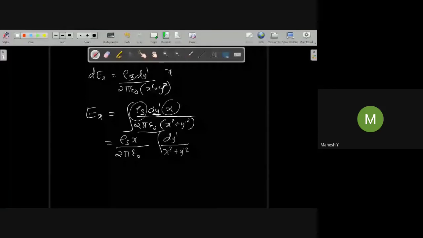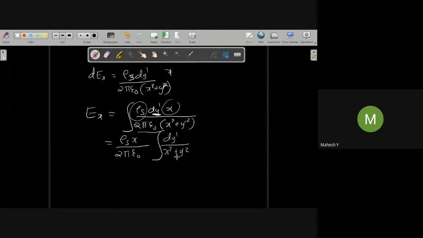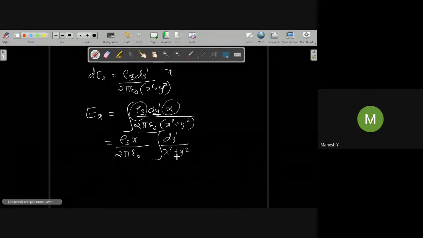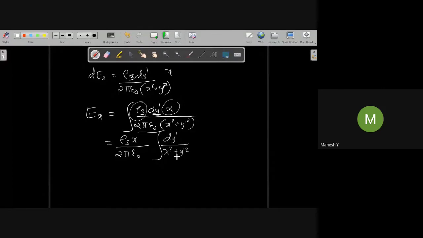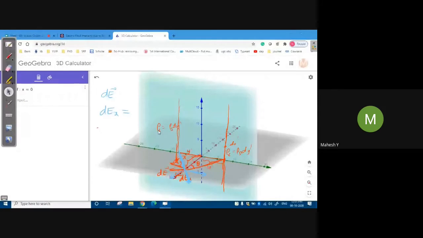So what is the limit for the integral for y? For this sheet, I am considering along the y-axis.